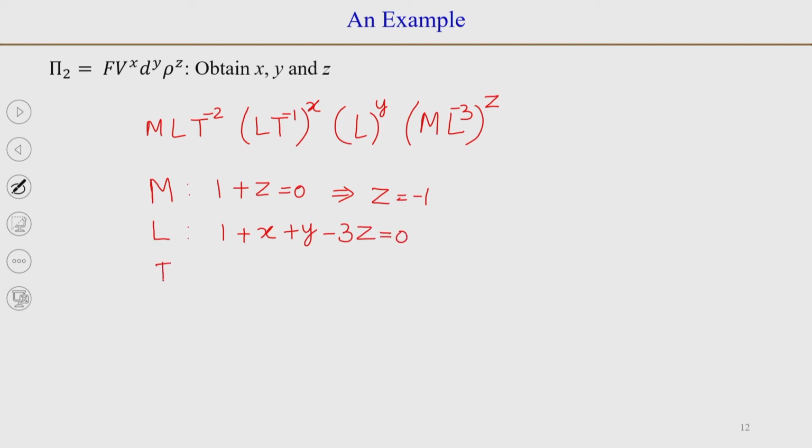Exponents of time: minus 2 minus x is equal to 0.